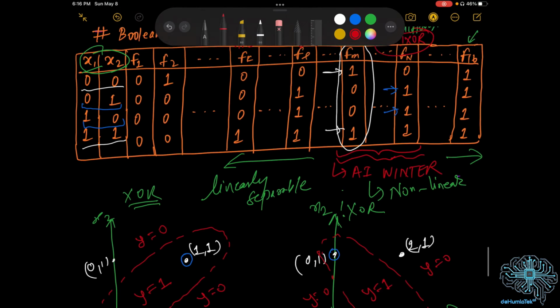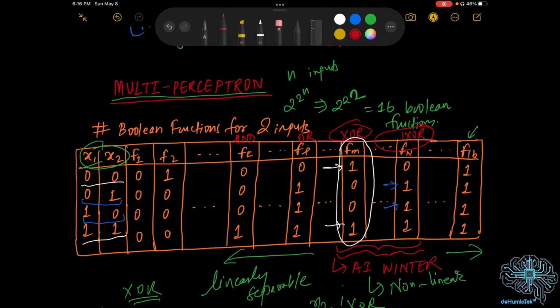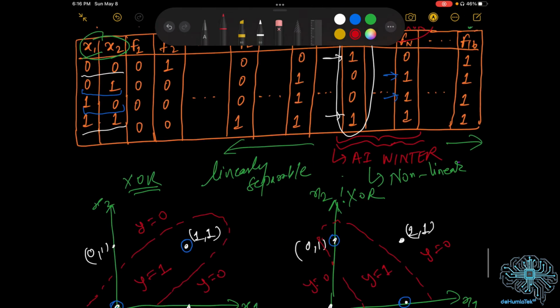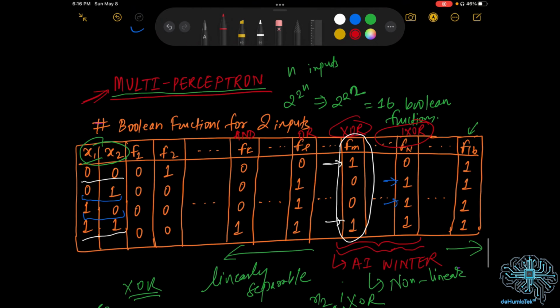So this is the reason why we need the multi-perceptron. In the next lecture I'll be drawing the multi-perceptron, which is the base for the neural network.